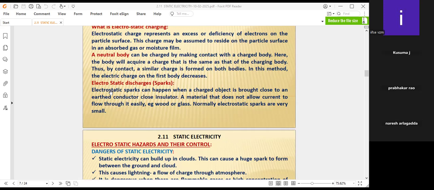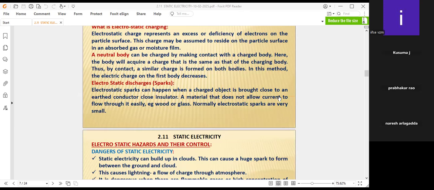The charged body gets closer to the insulator, but because an insulator is a bad conductor of charge, the flow of electrons from the charged body is not transferred to the insulator.